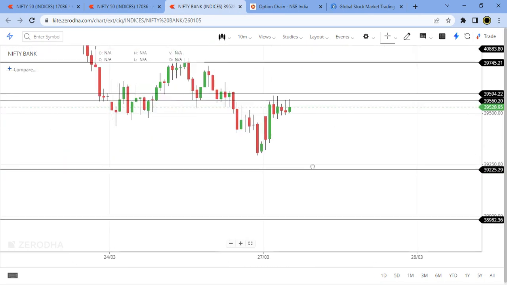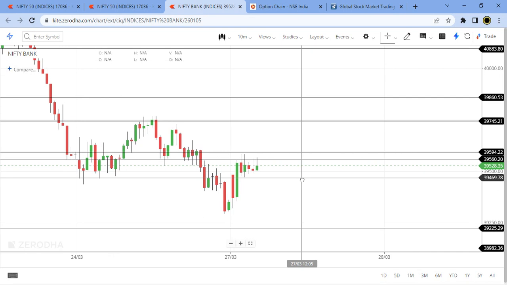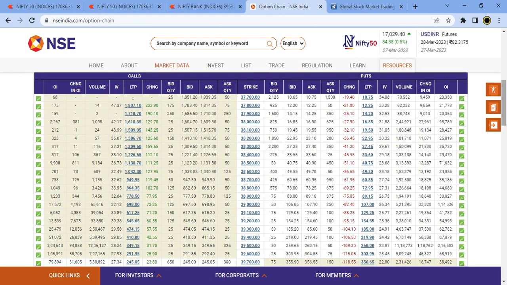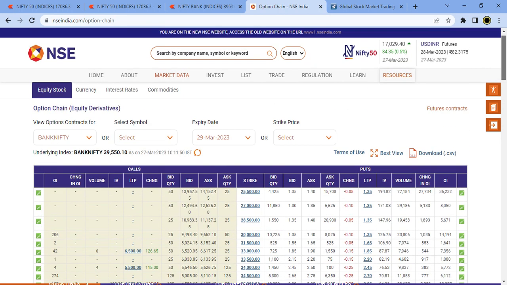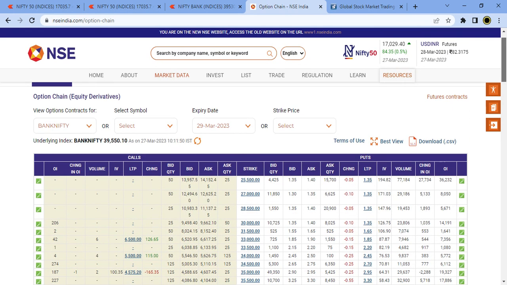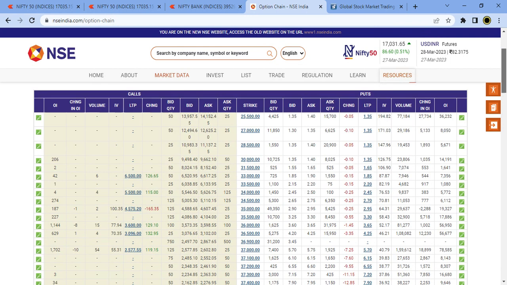Before you decide on the technical analysis, you need to consider the open interest by looking at the option chain. So let's look at the option chain as well. This is the Bank Nifty option chain for this expiry date, 29 March 2023.